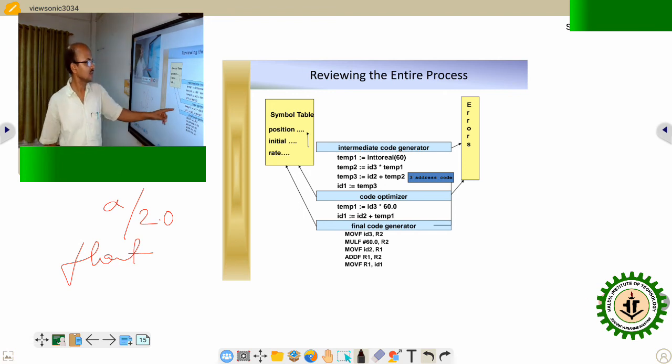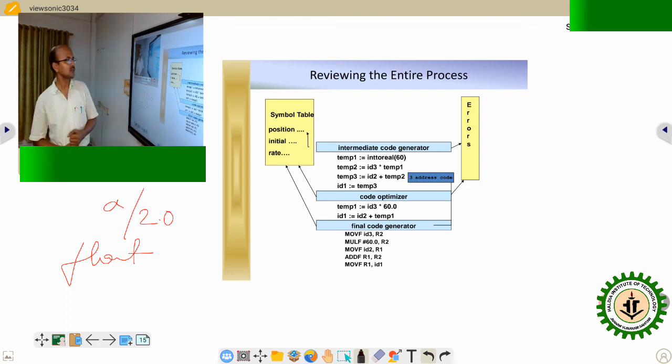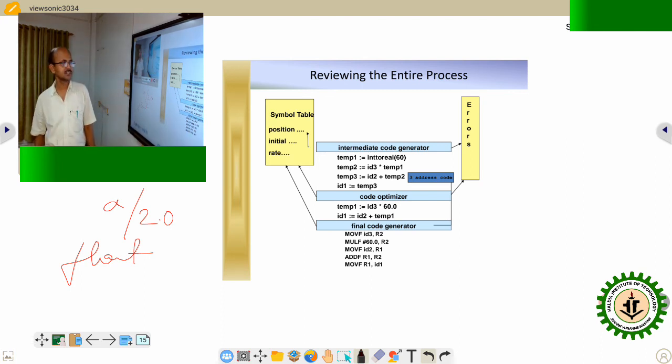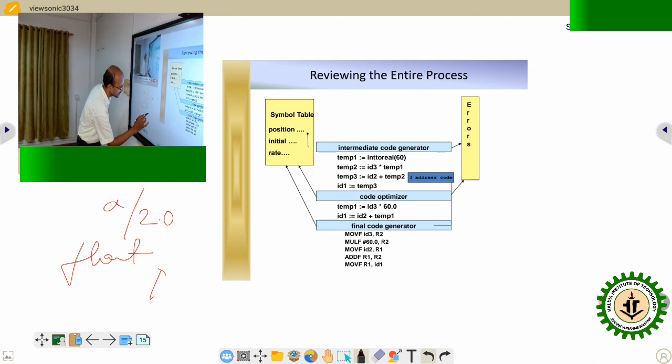Now go to the final code generation. These are called the mnemonics, as in the assembly language class; assembly language instructions we need to know about, the mnemonics.